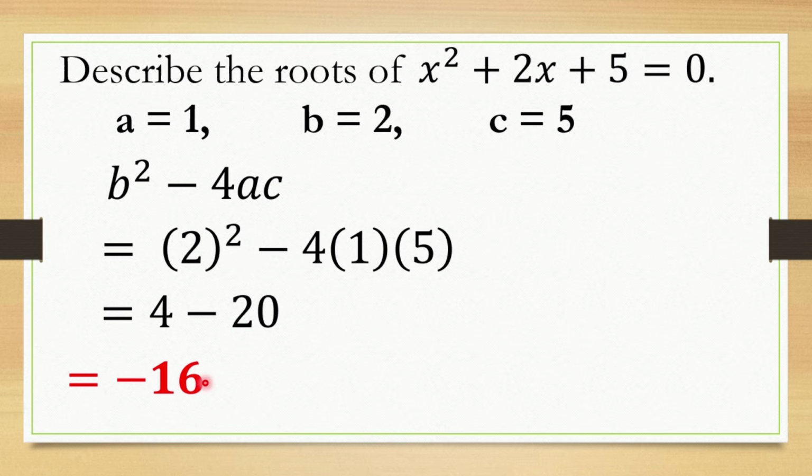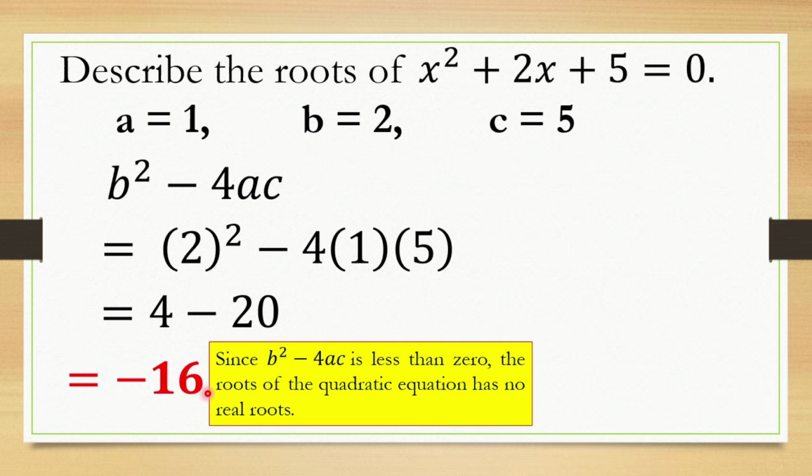Now, our discriminant is a negative number. Okay, we all know, sabi ko nga kanina, na kapag less than 0 siya or negative number, the roots or the solution of the quadratic equation has no real roots or solution. Wala tayong solution para dito. So, tingnan natin.